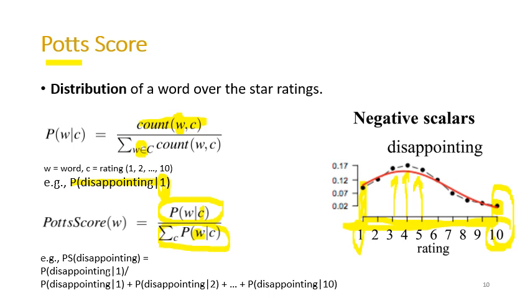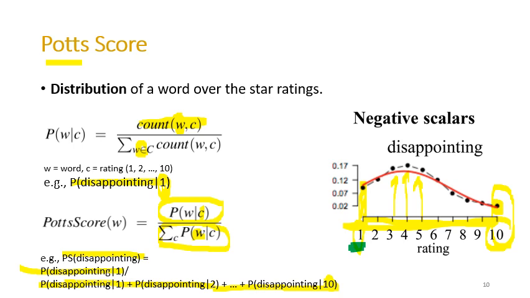So the Potts score for disappointing at the rating 1 is obtained by dividing the probability of disappointing given that the review is rated 1, by the probability of disappointing given that the review is rated 1, plus given the review is rated 2, plus all the way to given the review is rated 10.